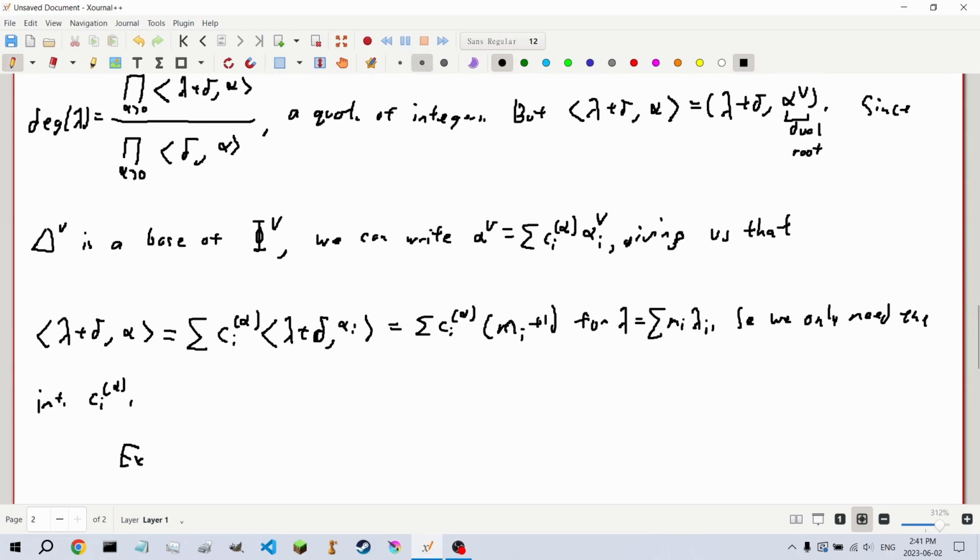Now let's look at an example. For our Weyl algebra of type A1, lambda 1 is half of alpha, which is our delta. So the degree of lambda is m plus 1, with lambda being m lambda 1.